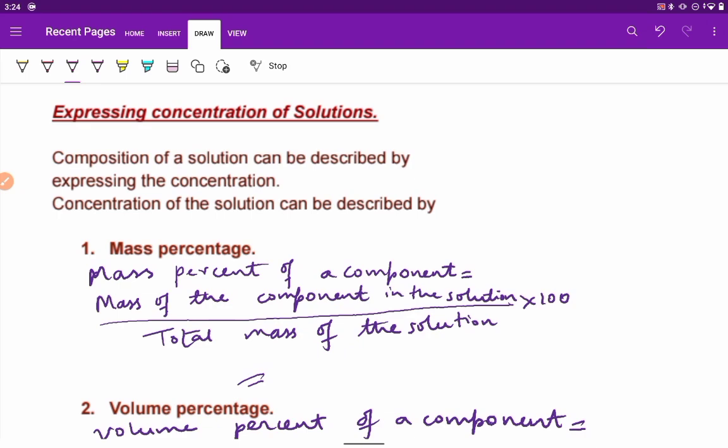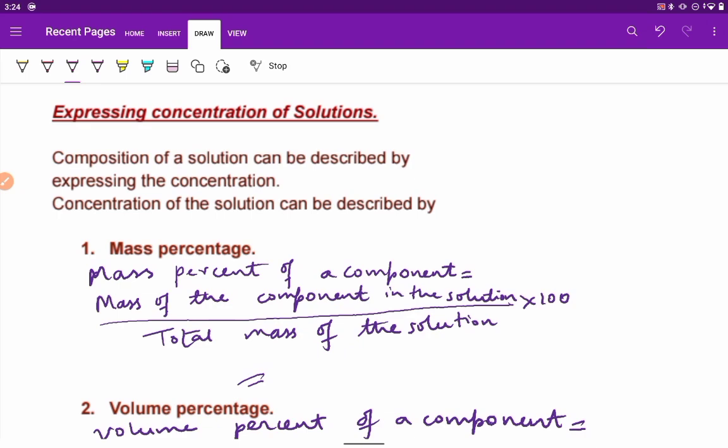But by these kinds of descriptions, we cannot understand the exact amount of solute present in the solution, and all this can lead to a lot of confusion.